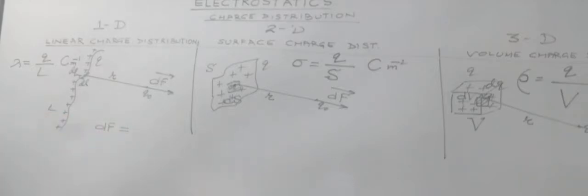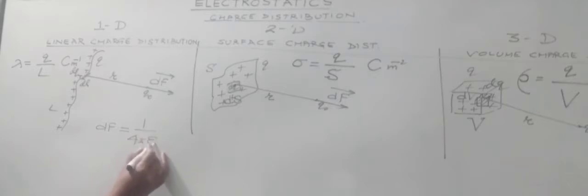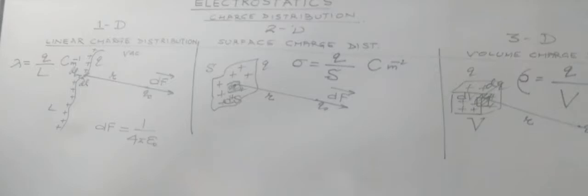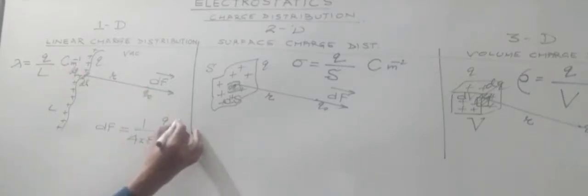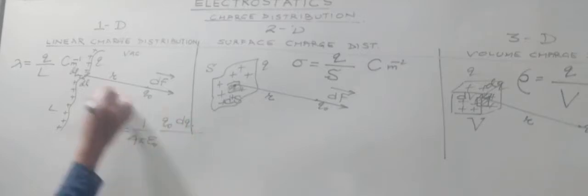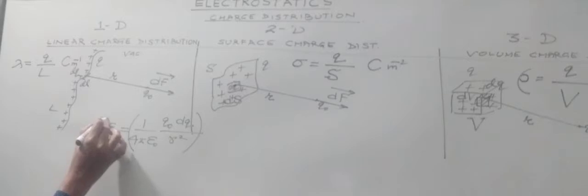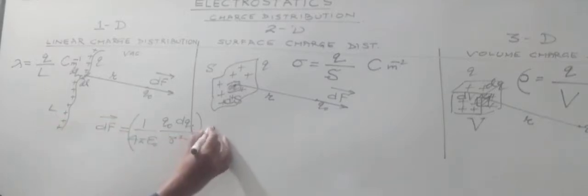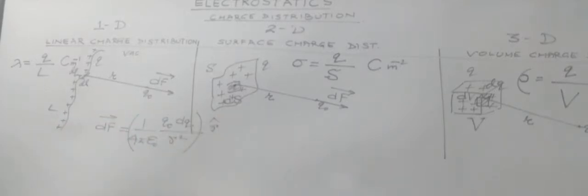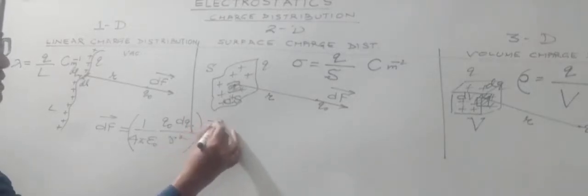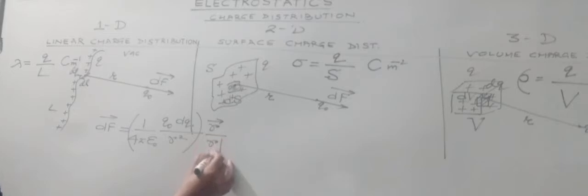Its magnitude would be 1 over 4 pi epsilon naught. We are considering the charges to be placed in air or vacuum. One of the charges is Q naught, the other charge is dq, and the separation between them is r. So this is the magnitude. And if you write it in the vector form, then you can write it with r cap, and r cap can be replaced by the vector r divided by its magnitude.